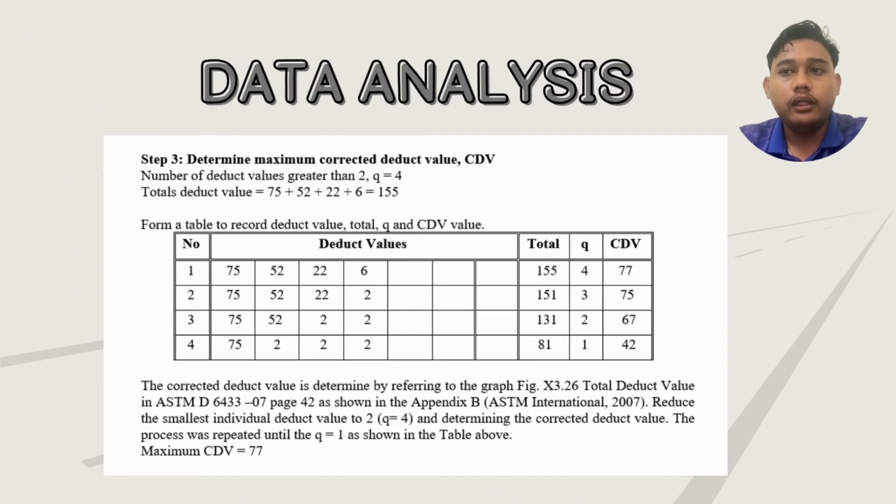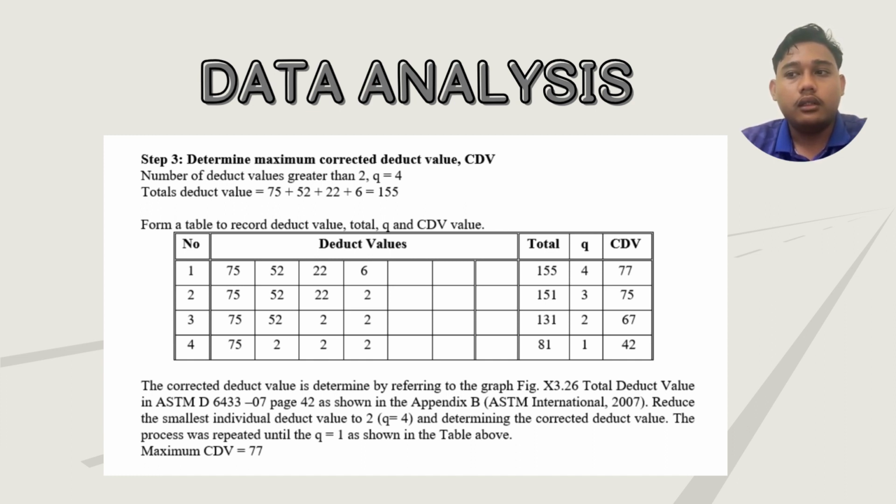So step 3 is to determine the maximum corrected deduct value. The number of deduct values greater than 2 is 4, and the total deduct value is 155. The corrected deduct value is determined by referring to the graph of total deduct value in ASTM D6433-07, page 42, as shown in Appendix B, ASTM International 2007.